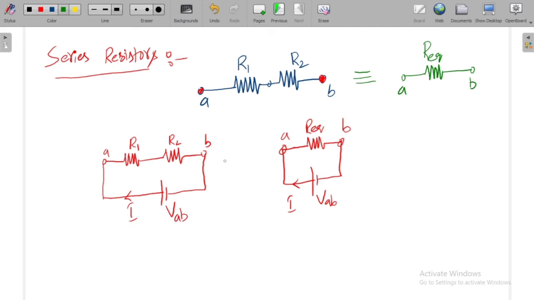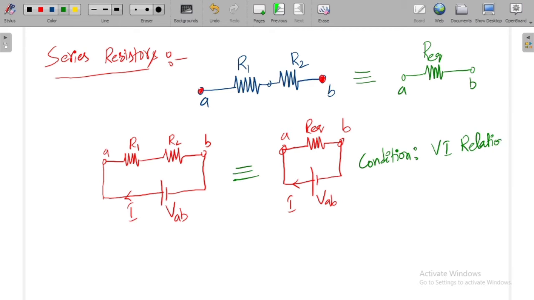The condition is, when I connect the same voltage source across the same terminals, one with the series combination and another with the single resistor, in order to call these two equivalent, the VI relationship should not change. The VI relationship means the ratio of voltage to current. Here we consider that the ratio of voltage source VAB to the current supplied I should not change.